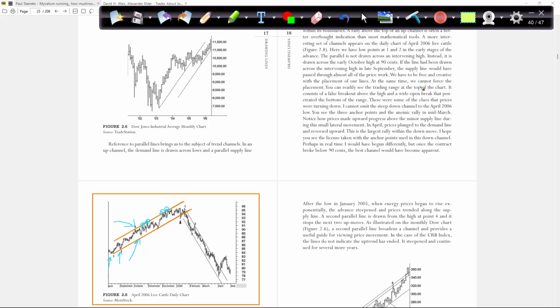We can see that it consists of a false breakout above the high and a wide open break that penetrated the bottom of the range. This false breakout occurs at many points along this line.